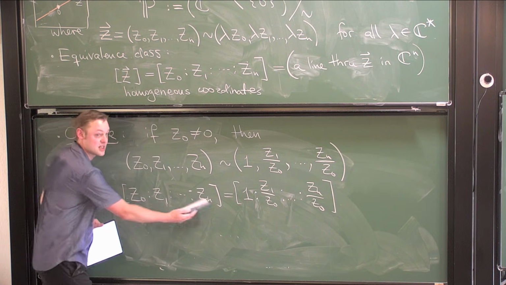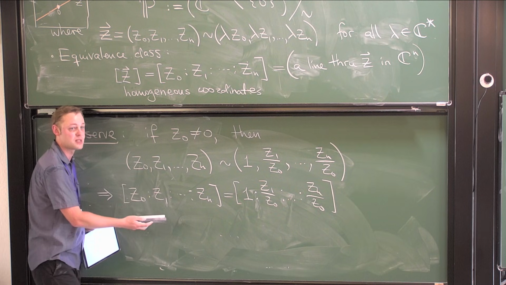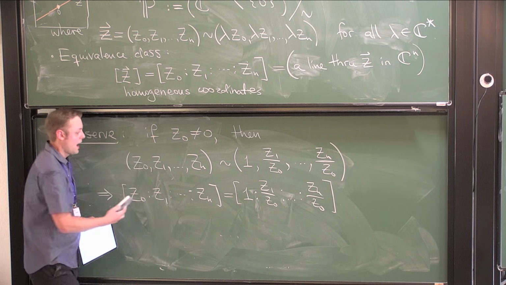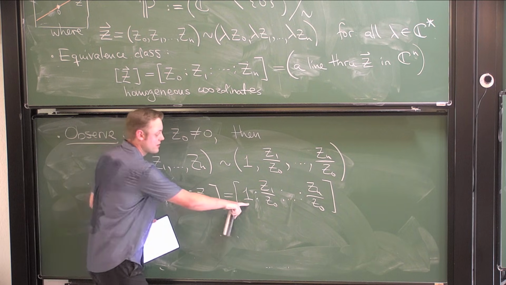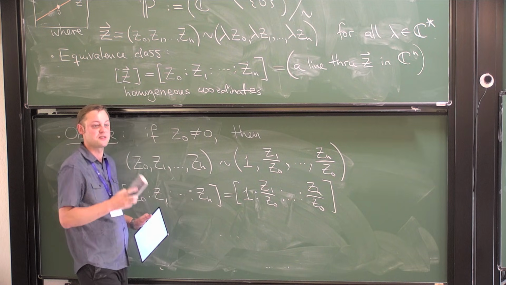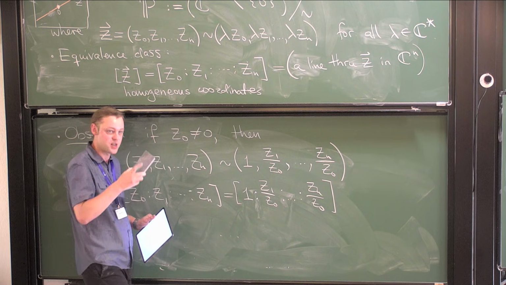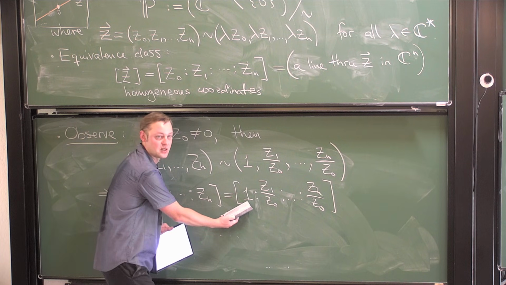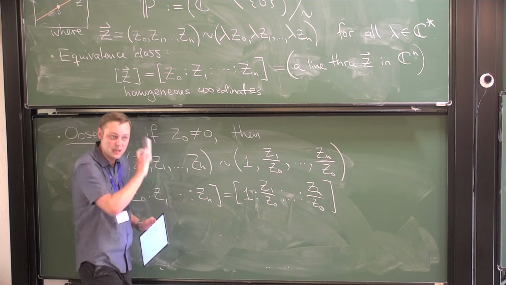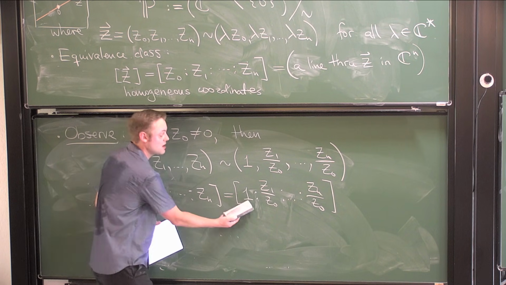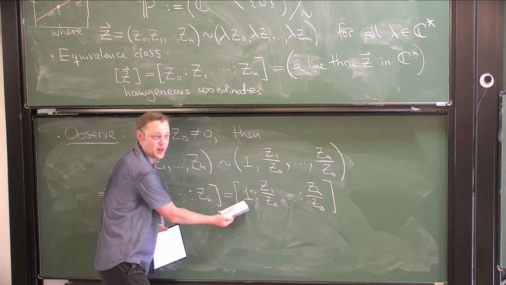However, if I insist that one of them is not 0, then I can rescale them all to set that particular coordinate to be 1. And that eliminates this freedom of rescaling, because any further rescaling would ruin this 1.